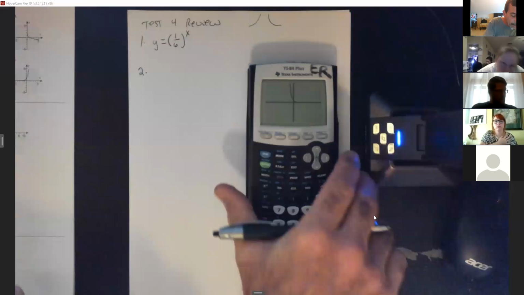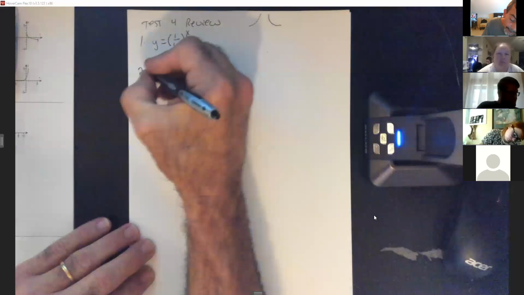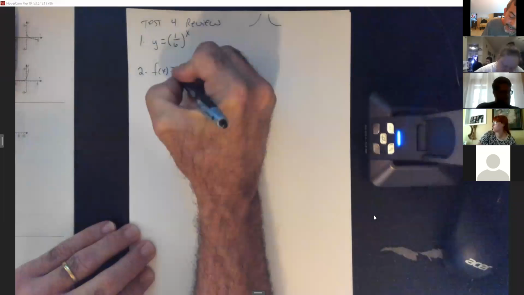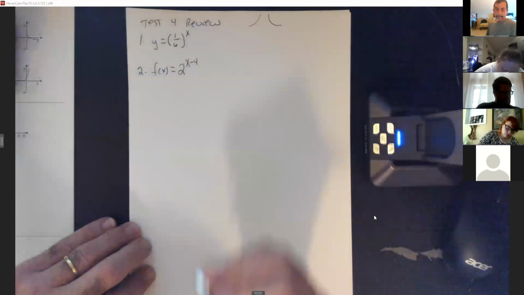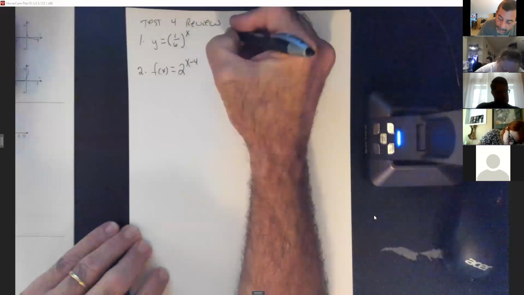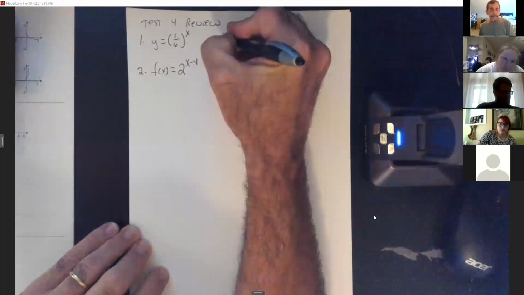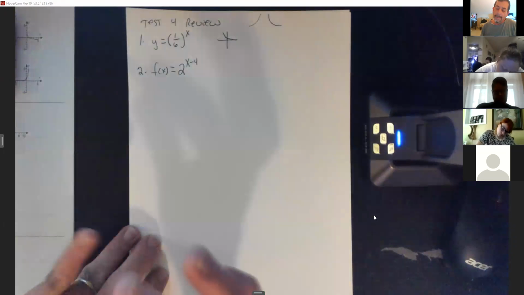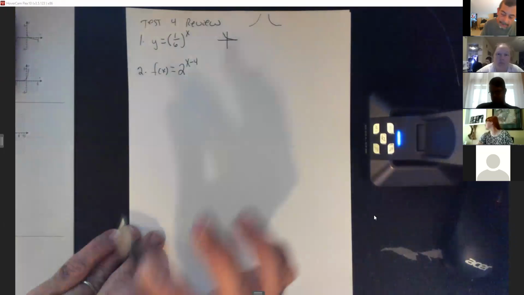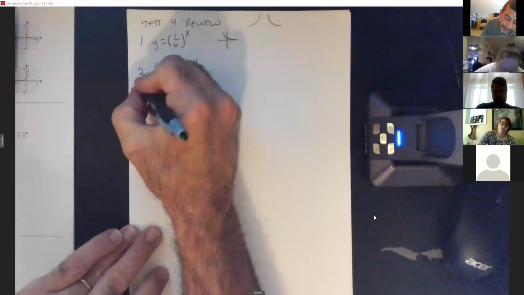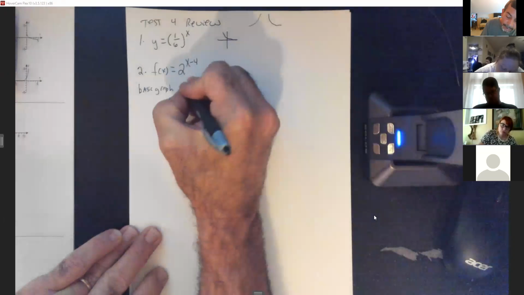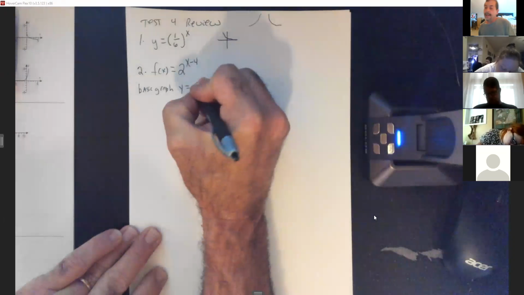All right, so number 2 had a little bit more work to do to it. It was f of x equals 2 to the x minus 4. Let me draw that in real quick. All right, so on this one, we got to know what we started with for the basic graph. So the basic graph is y equals 2 to the x.